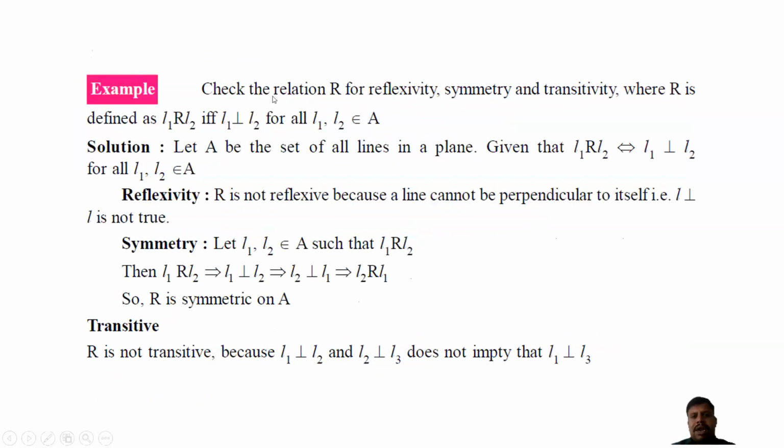Similarly, here is another example. Check the relation R for reflexivity, symmetry and transitivity, where R is defined as L1 is related to L2 if and only if L1 is perpendicular to L2, for all L1, L2 belonging to A. So let A be the set of all lines in a plane, given that L1 is related to L2 such that L1 is perpendicular to L2.